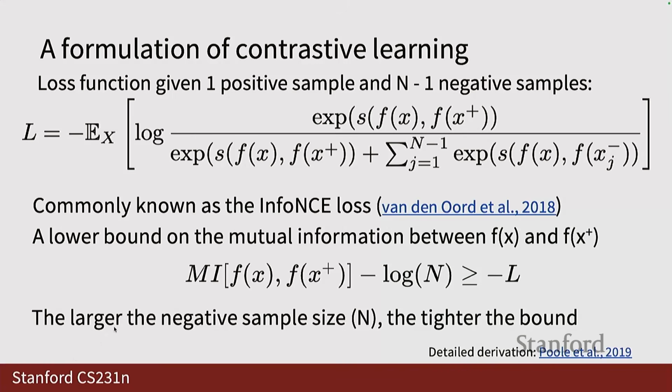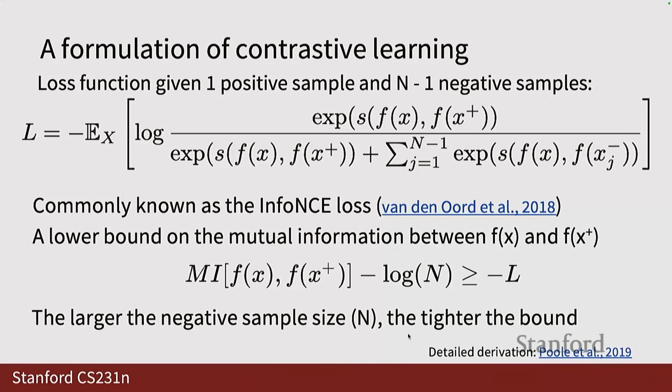There is also another theoretical aspect in the InfoNCE paper that says the larger the number of negative samples, the tighter the bound. So that's why for training a neural network with this type of loss function, we need a huge batch size. With a larger number of negative samples, we'll get much faster training convergence.